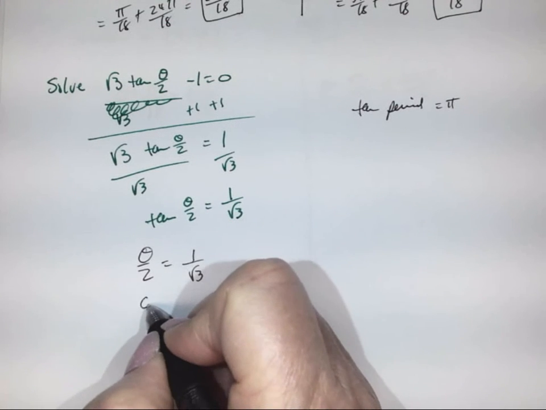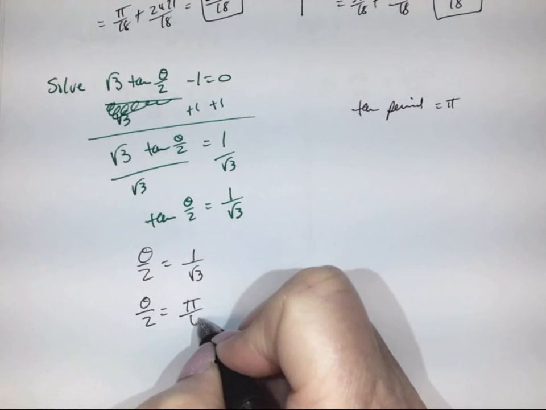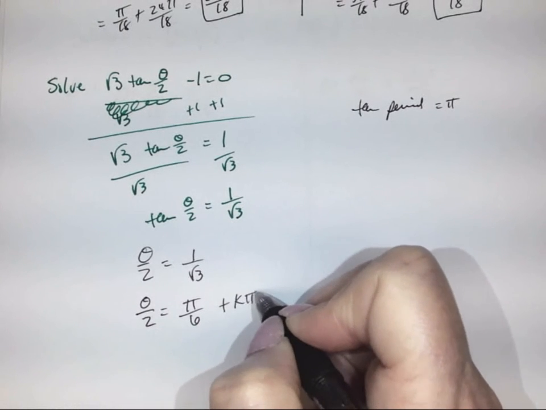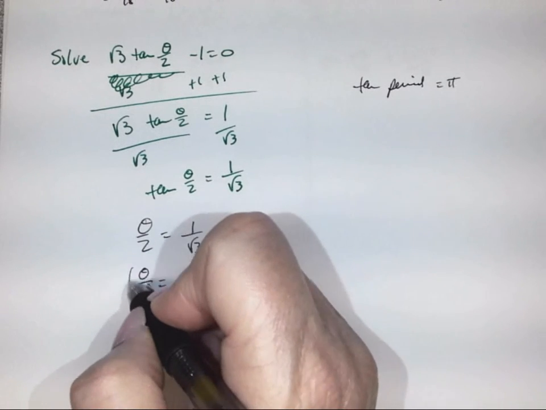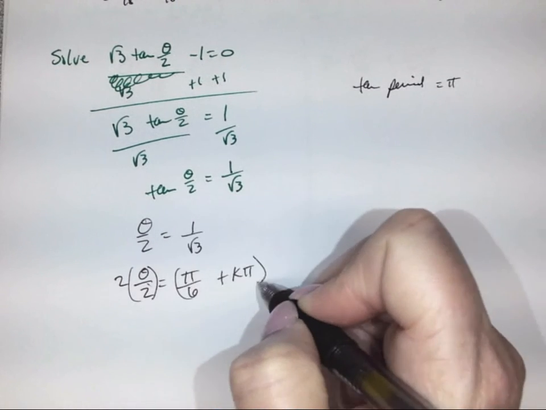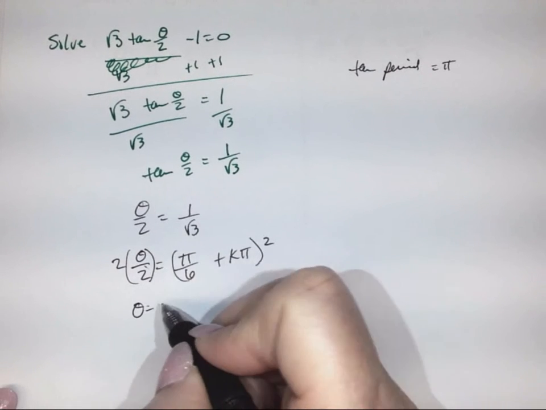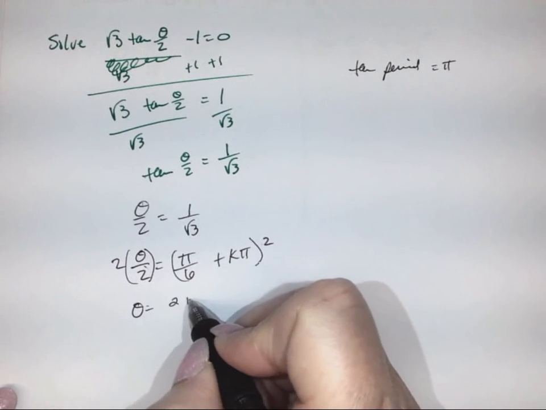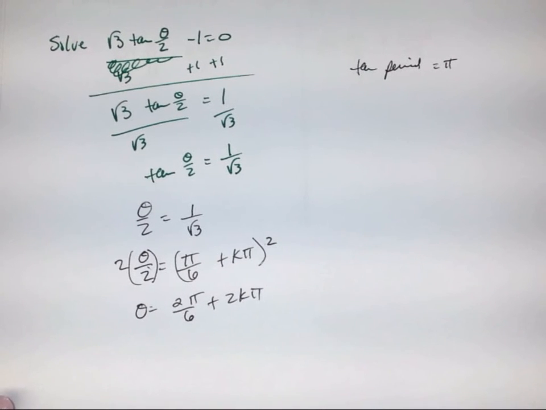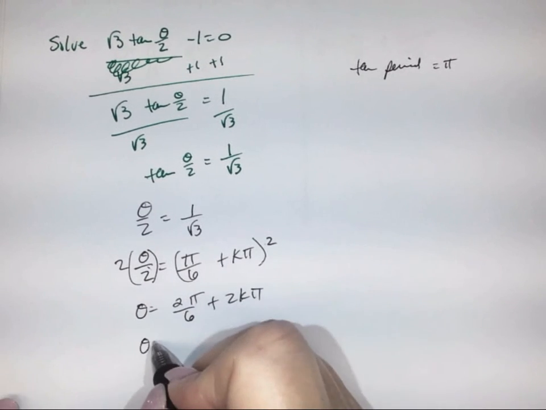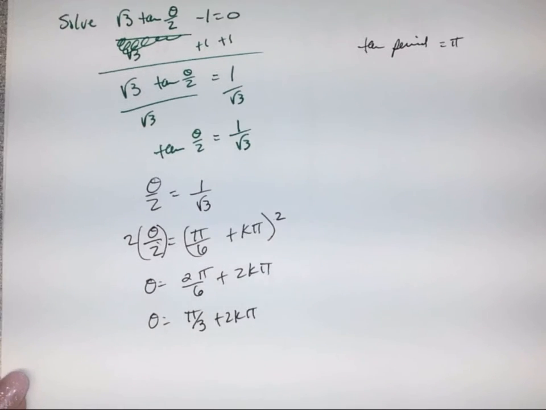So we can have theta over 2 is equal to pi over 6 plus k pi, because it's not going to be 2k pi. But I want to know what theta is, so I'm going to multiply both sides by 2. We're not squaring, we're multiplying by 2. So here we'll get theta, and here we'll get 2 pi over 6 plus 2k pi. We'll reduce this down to get theta is equal to pi over 3 plus 2k pi.